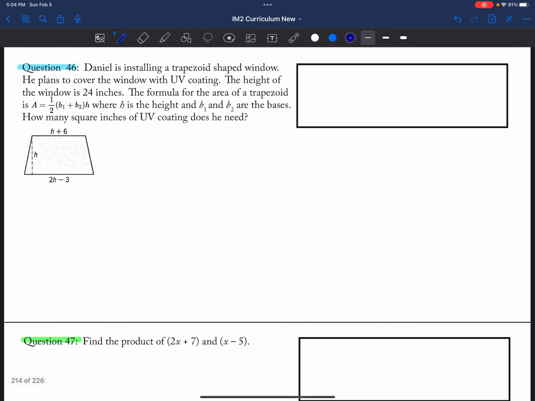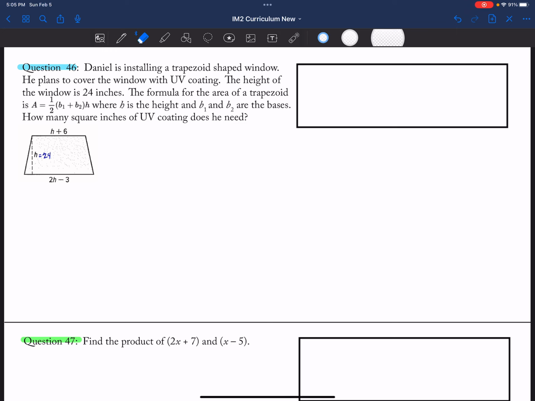48. Daniel's installing a trapezoid-shaped window. He plans to cover the window with UV coating. The height of the window is 24 inches. How many square inches of UV coating does he need?